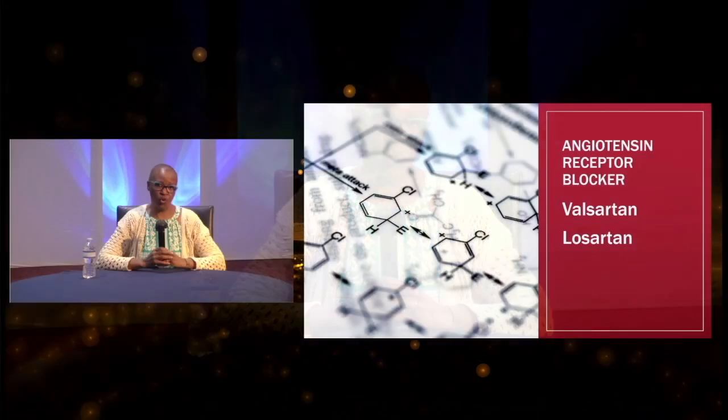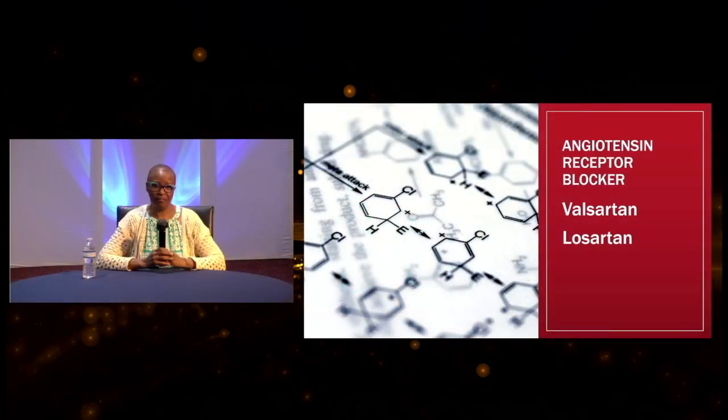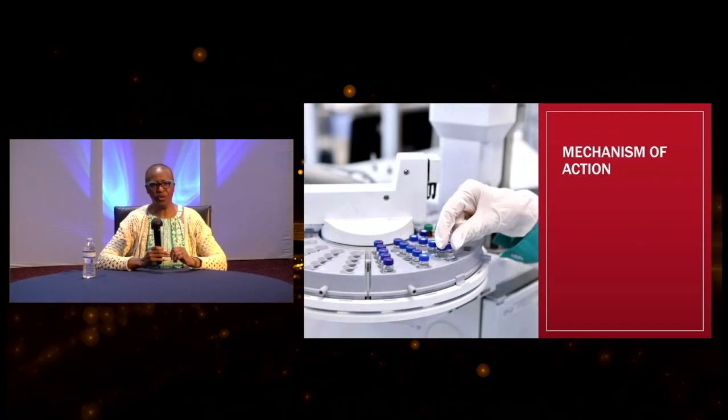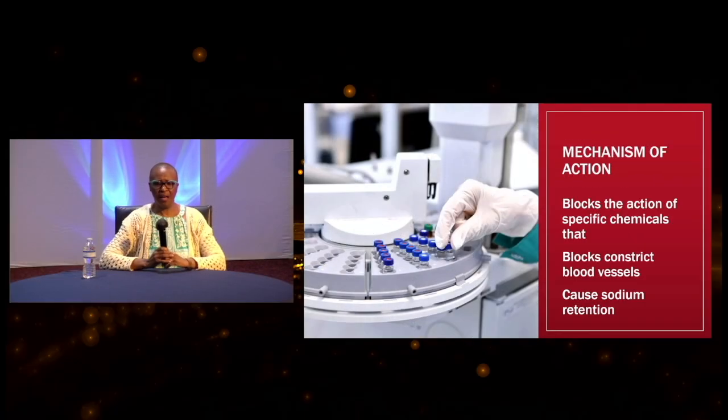All right, let's go to the angiotensin receptor blocker. So losartan and valsartan. How do these work? So these medications have a more specific type of mechanism that they work by.